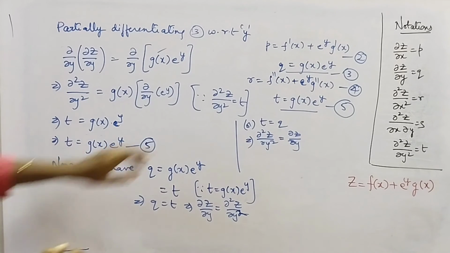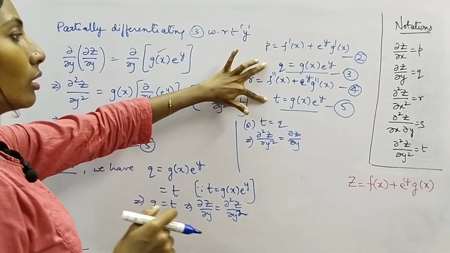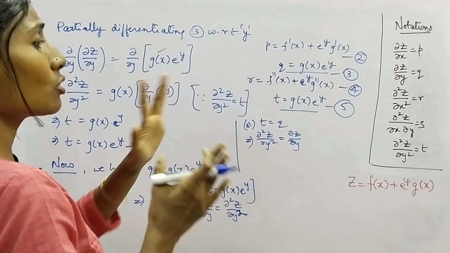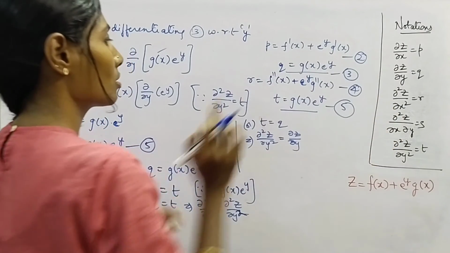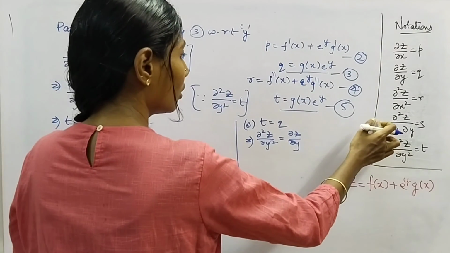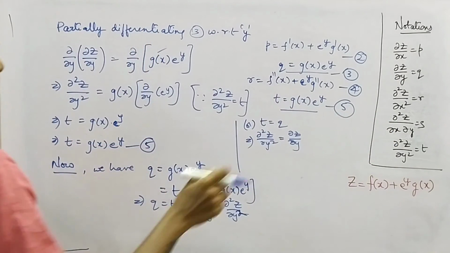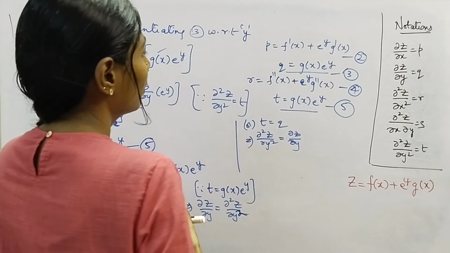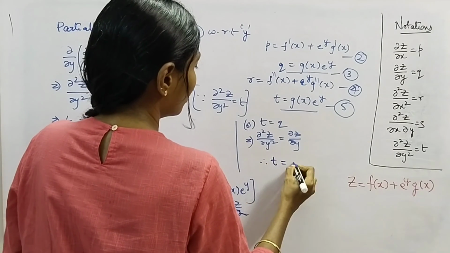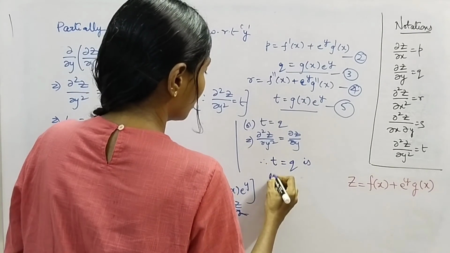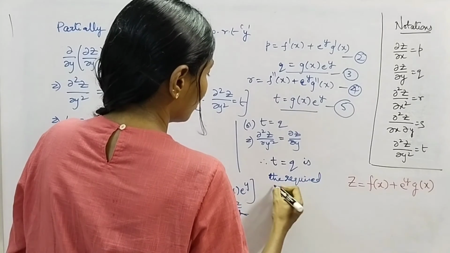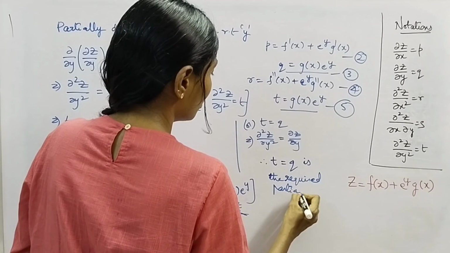By looking at equation 3 and equation 5, we can say that q equal to t is a partial differential equation and it is not necessary to find s. By looking at these equations itself, we can say that s is not required. Therefore, t equal to q is the required partial differential equation.